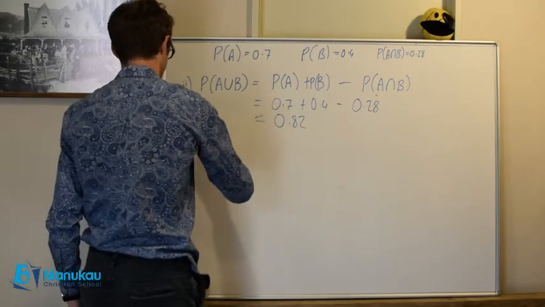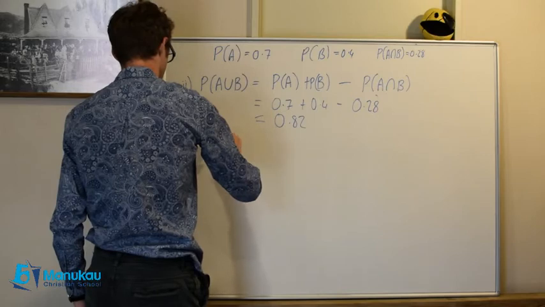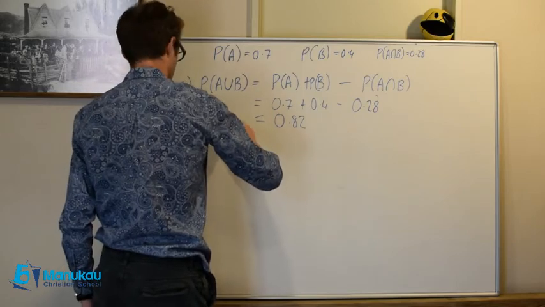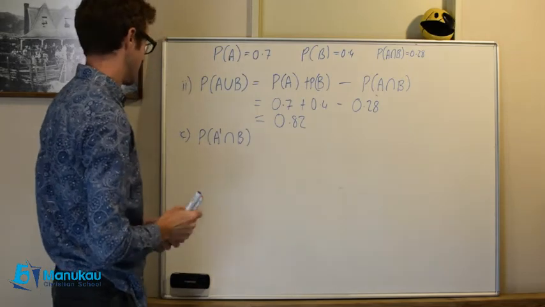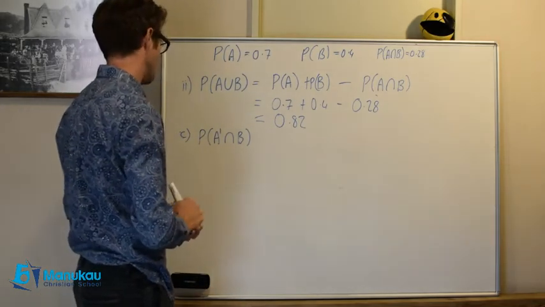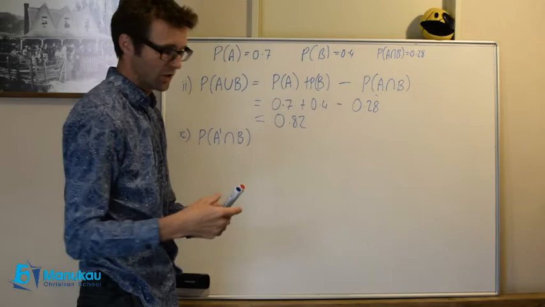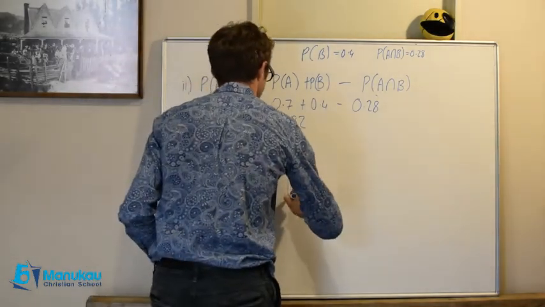This time we're trying to find the probability of the complement of A where it intersects with B. Okay, the complement of A where it intersects with B. Now, we could just think about this in terms of a Venn diagram.